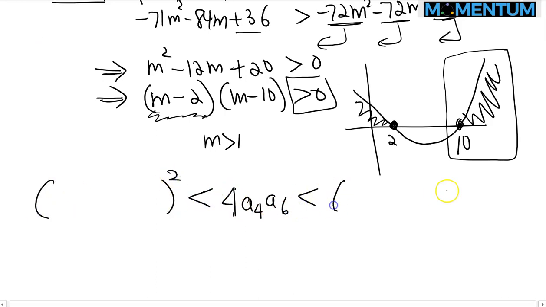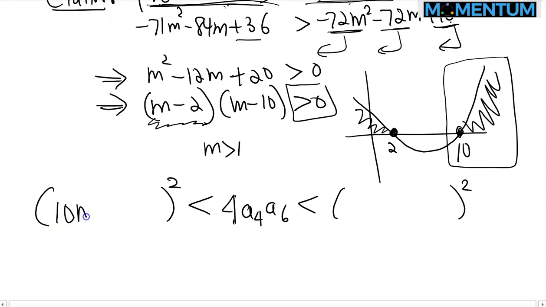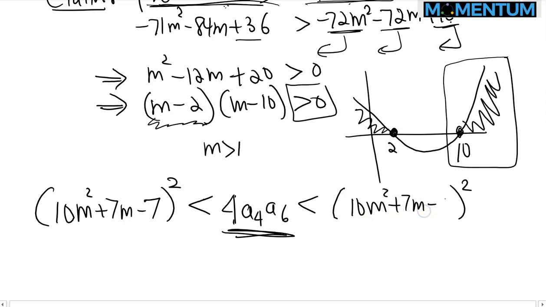But more importantly, those two squares, they're what? Consecutive squares. And obviously you won't be able to find a perfect square between two consecutive squares, right? Aha! So therefore this implies 7m minus 6. So this one holds when m is greater than 10.